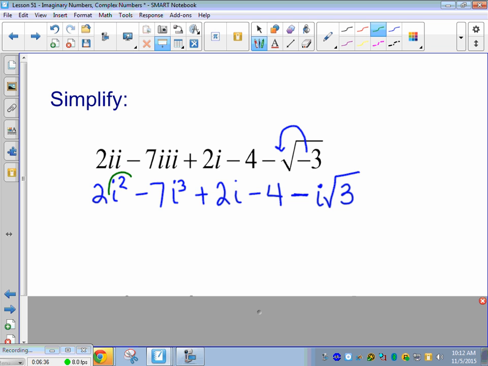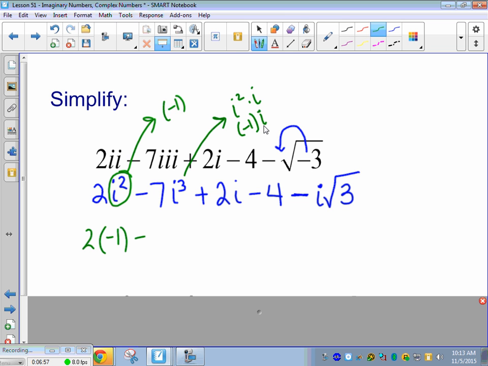Okay, so what is i squared equal to that we're going to memorize? i squared is equal to negative 1. So let's replace i squared with negative 1. i cubed is the same as i squared times i, and i squared is equal to negative 1, and we keep the i, so really it's equal to negative 1i.